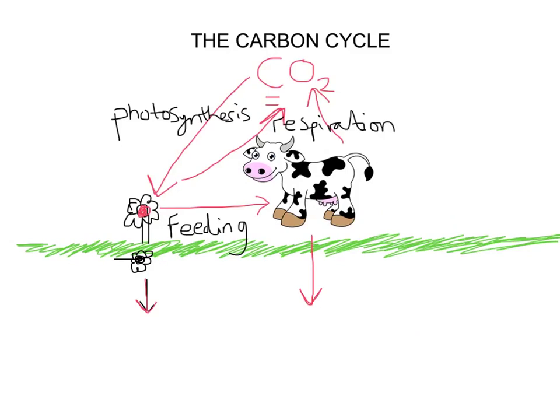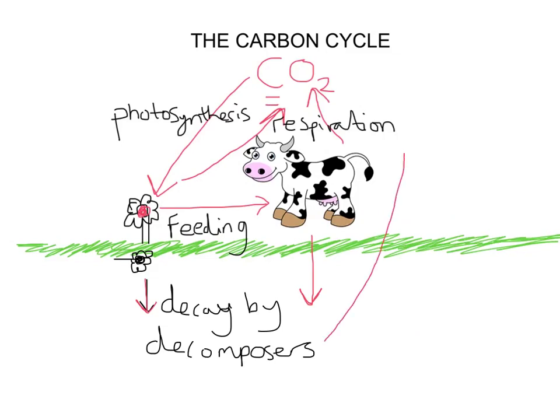So we'd have decay by decomposers, putting carbon into the ground. Now, interestingly, those decomposers also respire. Well, any organism would respire. So that's going to be a means by which we put carbon dioxide back into the atmosphere.